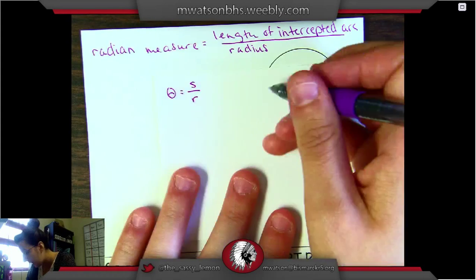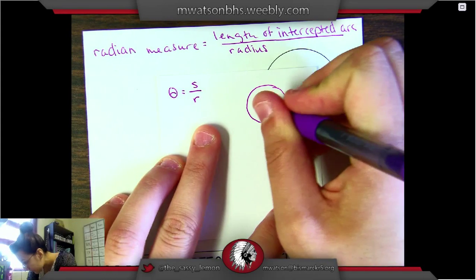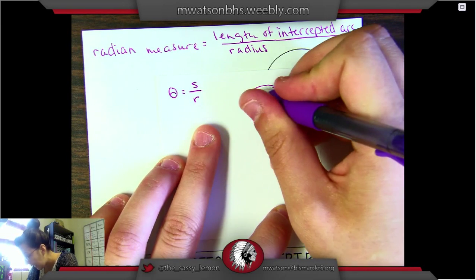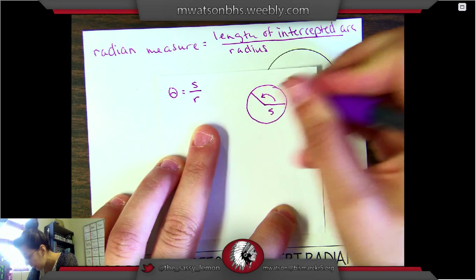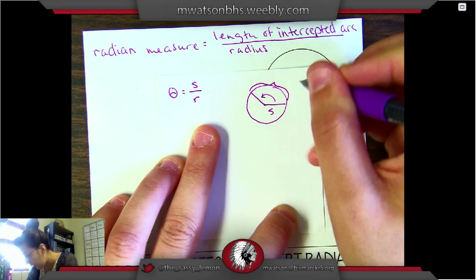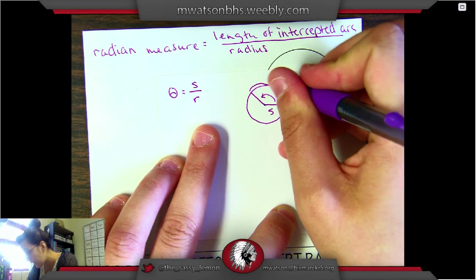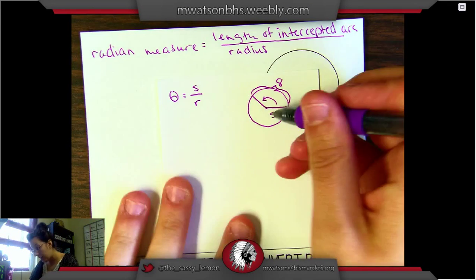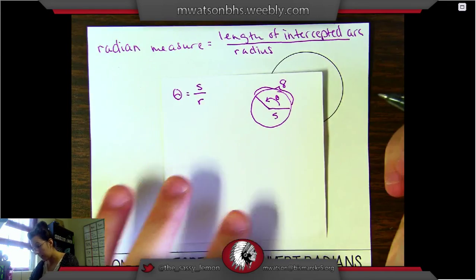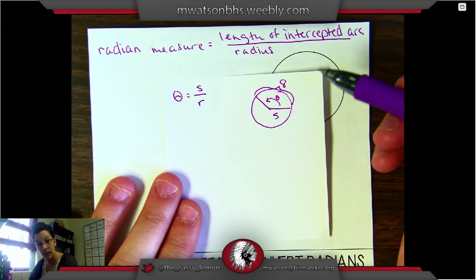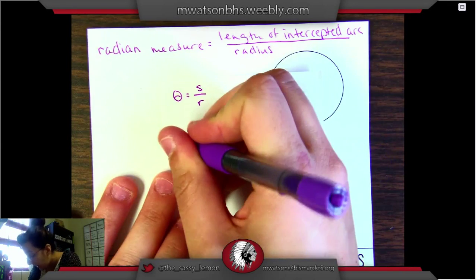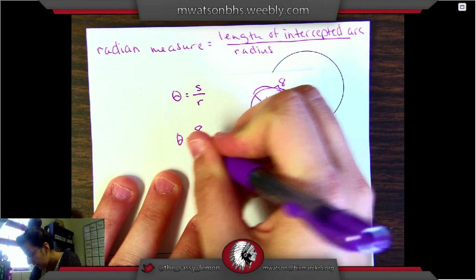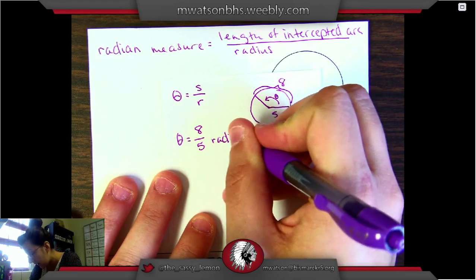So say you're given an example, like, say you have this circle with a radius of 5, and the angle has an arc length of 8. Then we can find the radian measure of this angle, theta, by simply plugging in these values. So the radian measure here is going to be 8/5 radians.